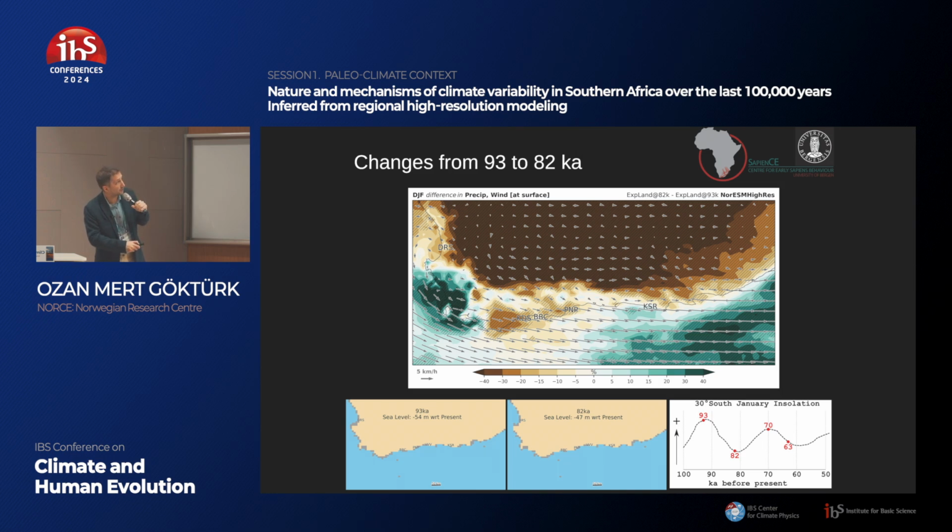But as you see, on the coast this region is not really affected by this precessional cycle change, the insolation change, and the signal here in precipitation is quite heterogeneous, as we don't have much change in the coastline as well.